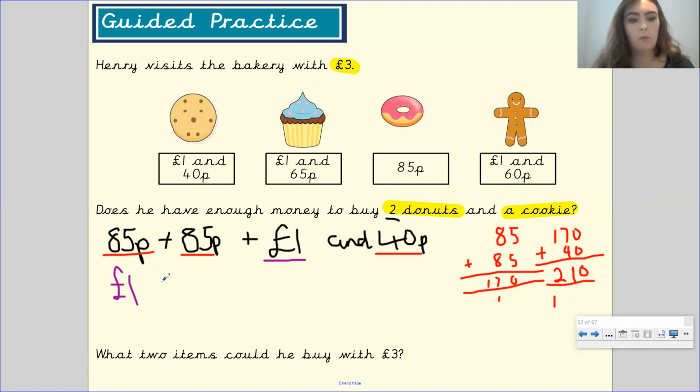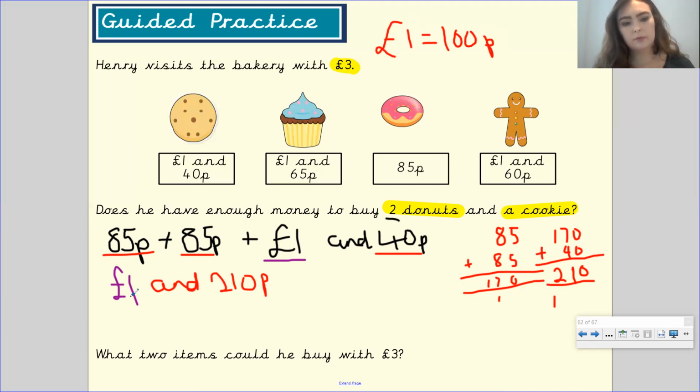So we've got £1 and 210 pence. But we know that in £1 there is 100 pence. So how many pounds do we actually have?